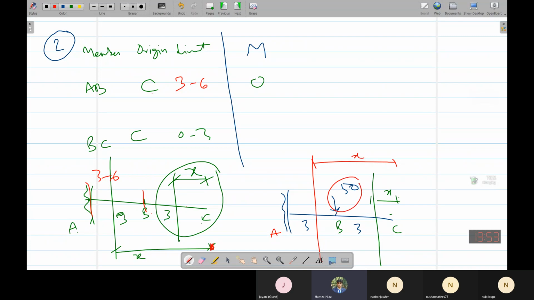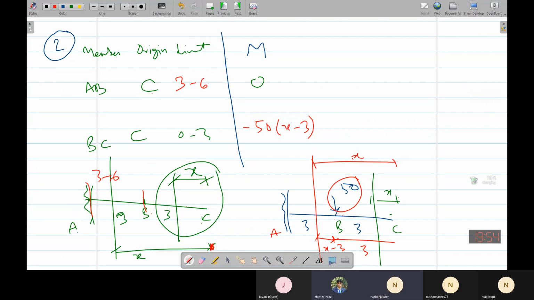This 50 is acting downwards, and this part was 3, so this one would be x minus 3, because the total is x. So minus 50 into x minus 3. Why minus? Because it is a downward force. Just consider all upward forces as positive and all downward forces as negative. That makes it much simpler.